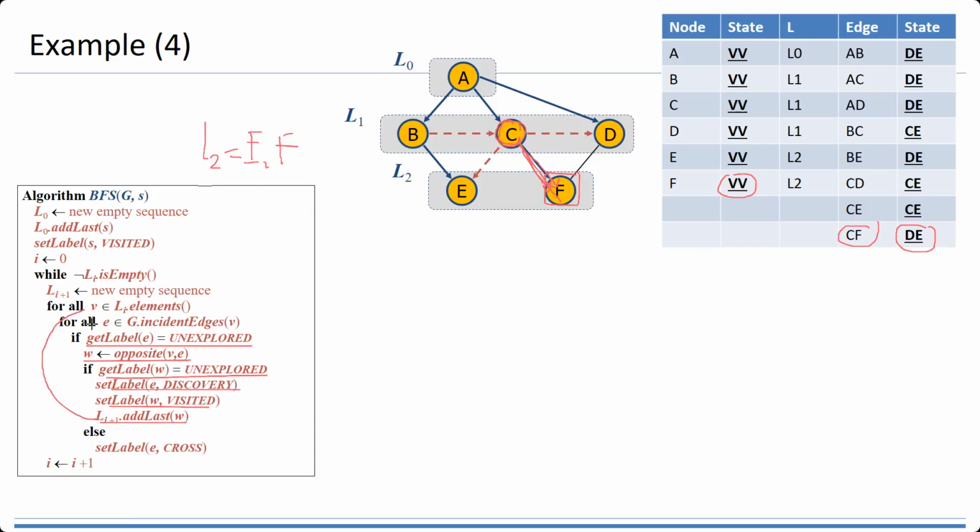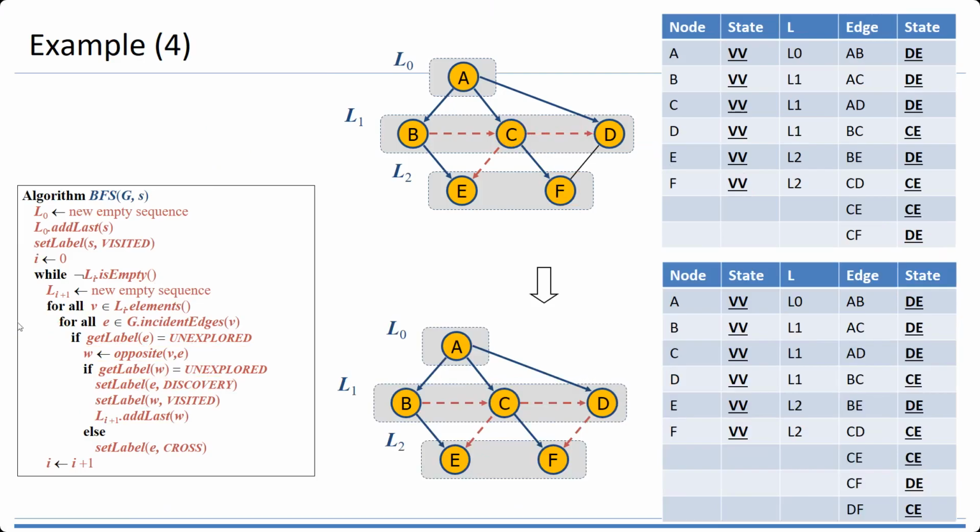And then we go back. Are we already finished with C? Yes, it's already finished. Now let's move to the next node, which is D. In D, we check what is the incident edge.